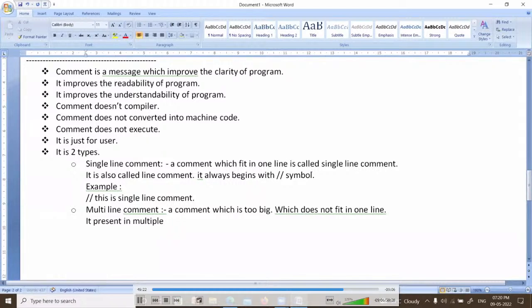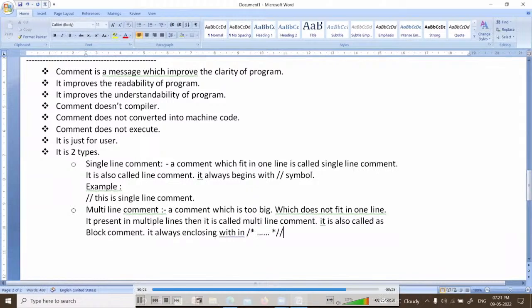How to write it? It is always enclosed within slash and star. Here you have to write the multi-line comment. Finally, you have to close with star and slash. Now I will give you an example. You start with slash and star. Here you write the multi-line comment.